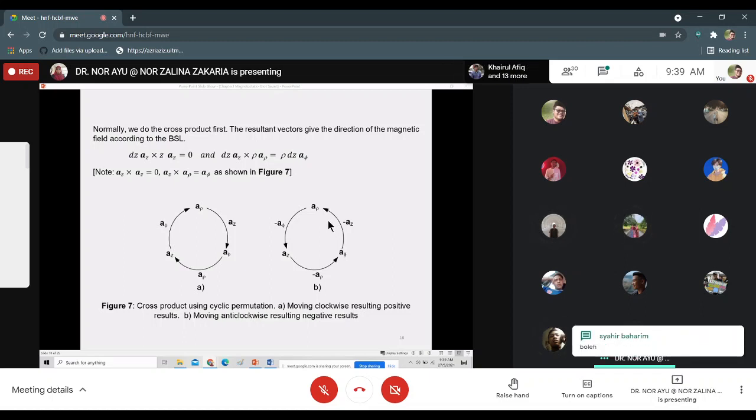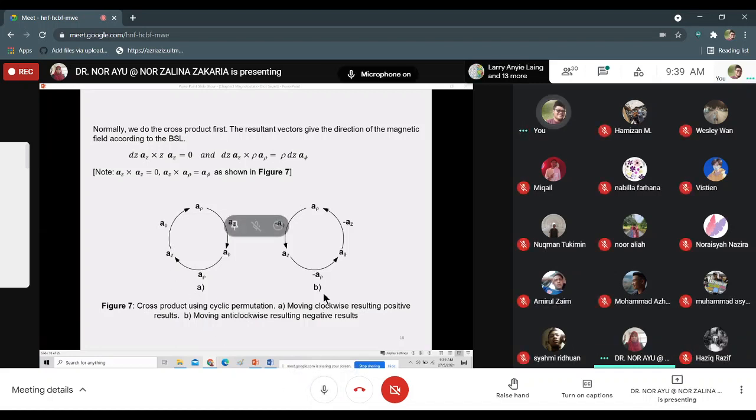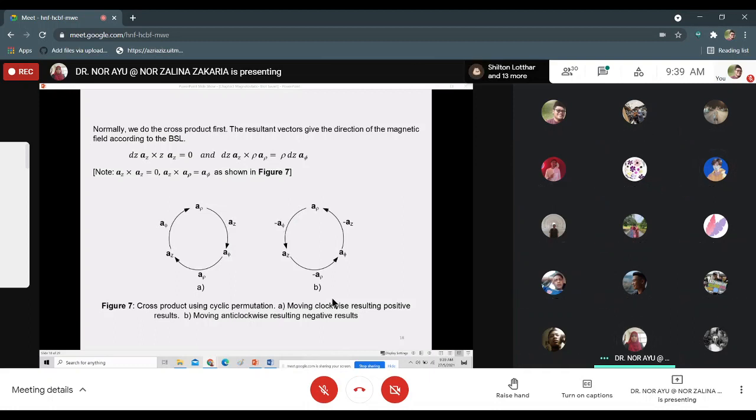Nasrul boleh? Khairul boleh? Okay, good. Kalau boleh saya move on. So each time kamu nak solve these problems, kamu draw dia like this, so kamu boleh nampak apa cross dengan apa.